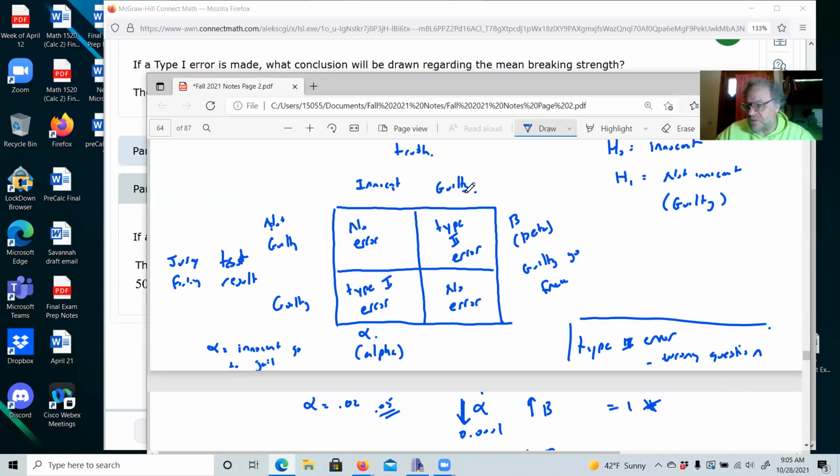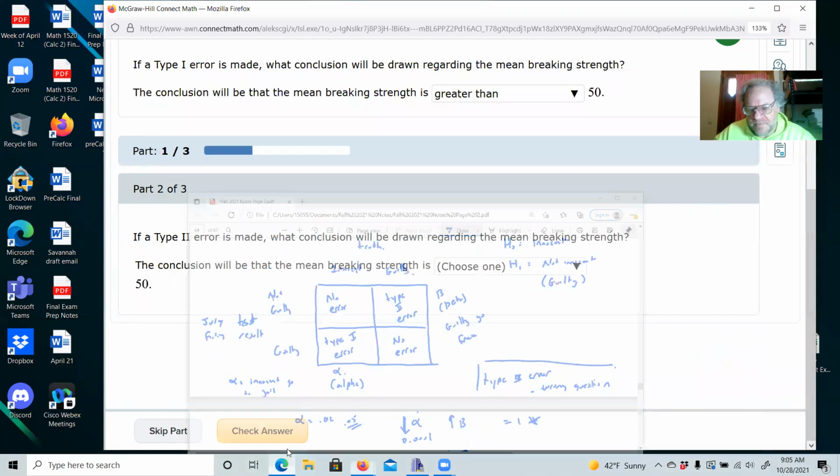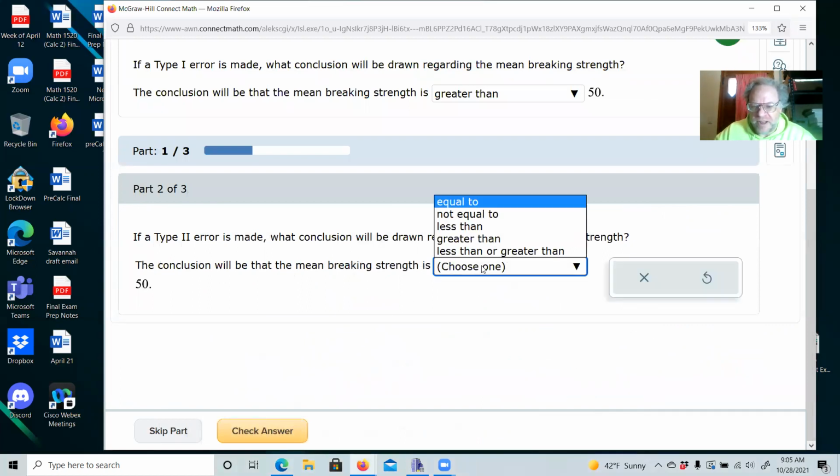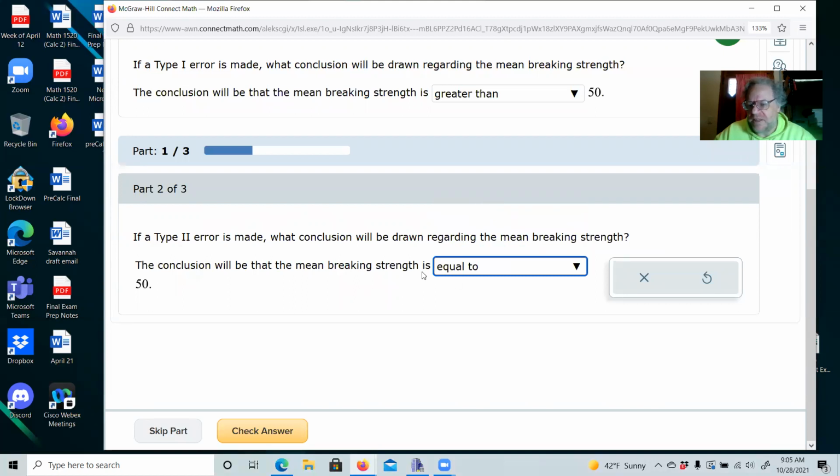It really is greater than 50, the tensile strength, but maybe your giant ripping machine is not calibrated correctly, or whatever happened, you didn't test it well. So the truth is up here, but you've decided the null is true, that the mean strength is equal to 50. The alternative is true, but you've accepted the null.